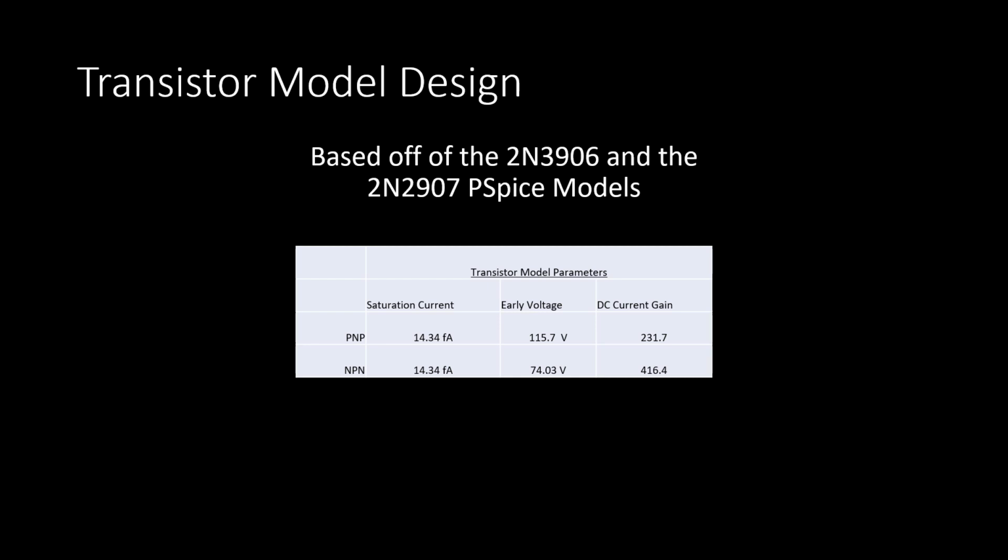For the PNP, a DC current gain of 231.7 was used, and for the NPN, a current gain of 416.4 was used. These models were based off of the 2N3906 and the 2N2907 PSpice models.